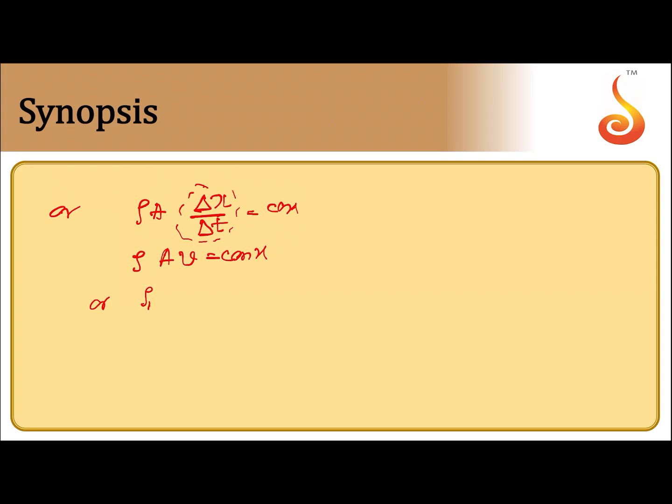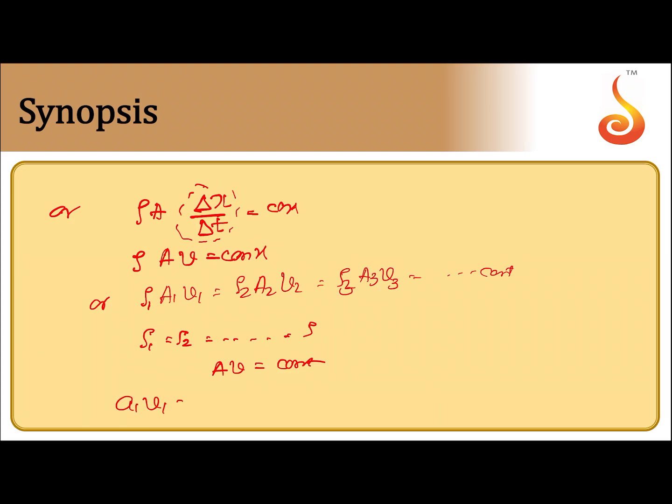Or I can write rho 1 A1 V1 is equal to rho 2 A2 V2 is equal to rho 3 A3 V3 etc. is equal to constant. Now, if I assume that the density of the liquid remains constant everywhere, we can say rho 1 is equal to rho 2 is equal to rho 3 etc., and that is rho, or we can simply write AV is equal to constant, or A1 V1 is equal to A2 V2 in the previous diagram.